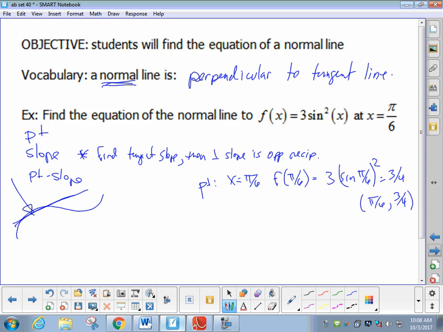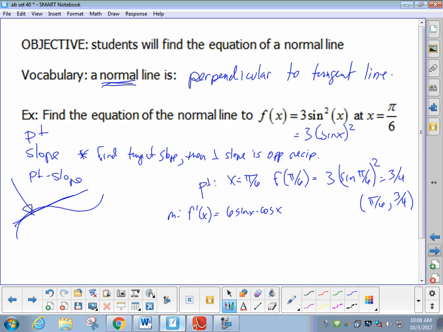Now the slope. Let's start with the derivative and then we'll do the perpendicular. What is the derivative of f? Keep in mind that the squared notation really means the whole sine function is squared. It's 6 sine of x, then cosine of x.